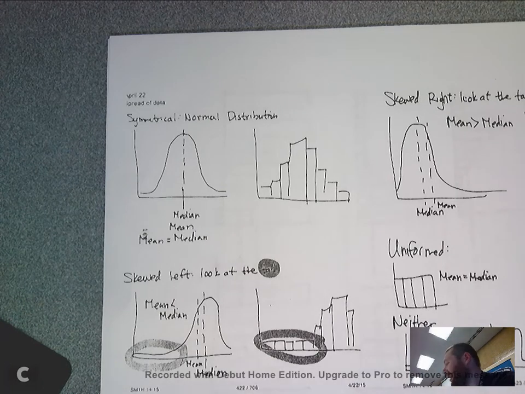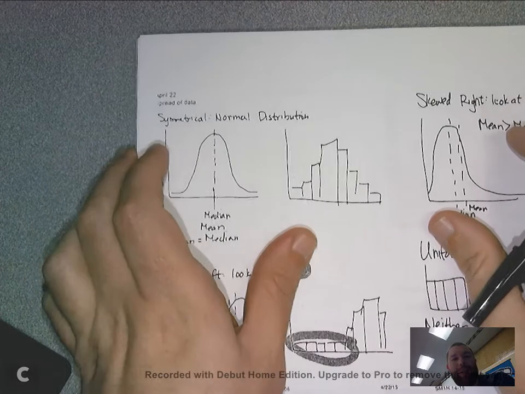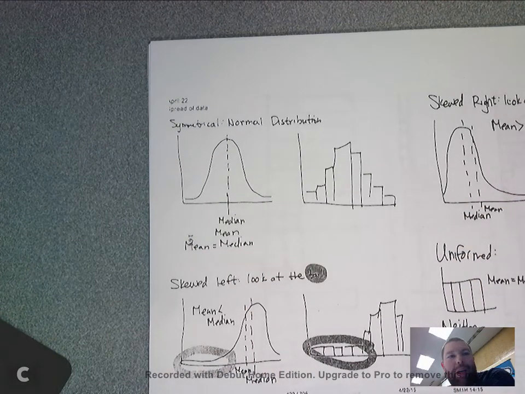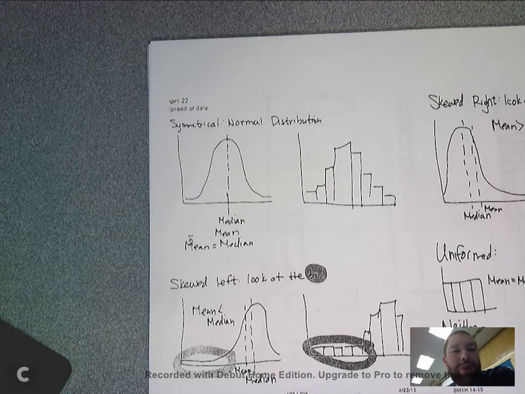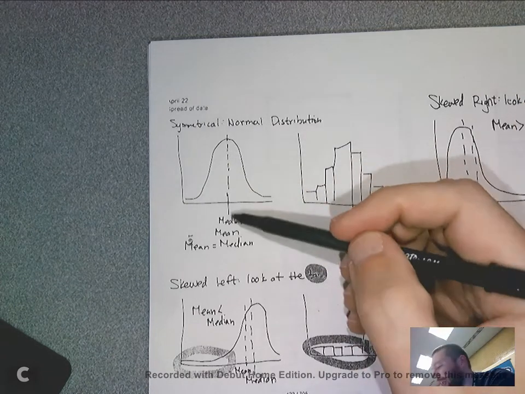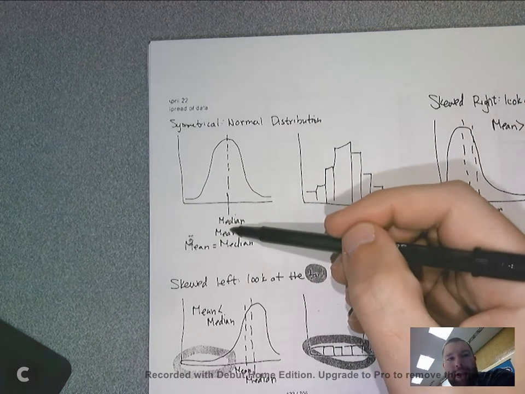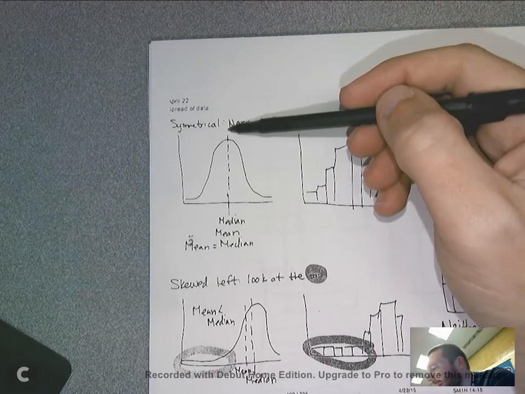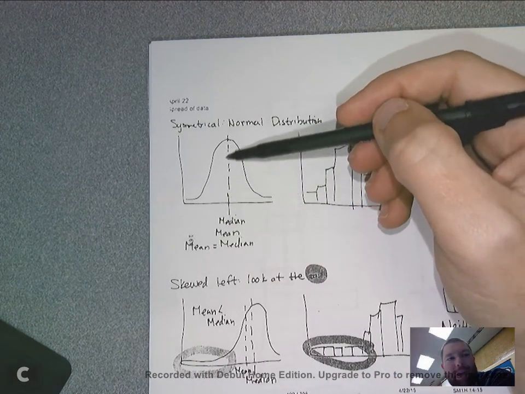So let's get going. The first type we're going to talk about is what we call normal distribution or symmetrical. It's called either of those names. Basically the idea there is that your median and your mean are both exactly in the center of your data.